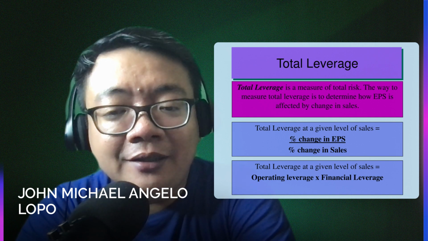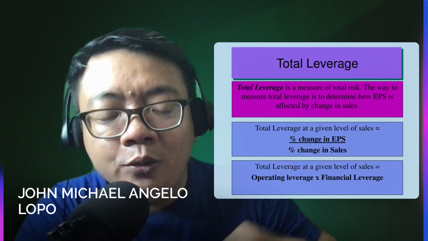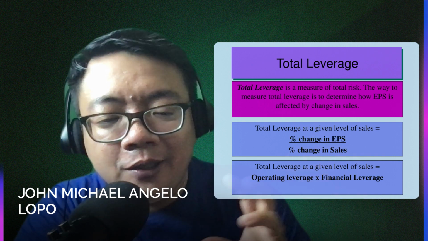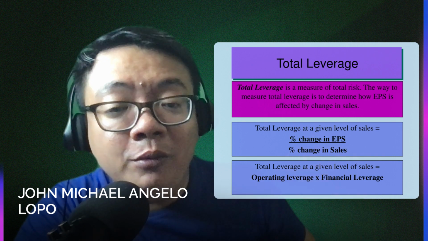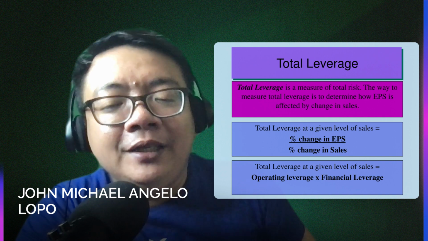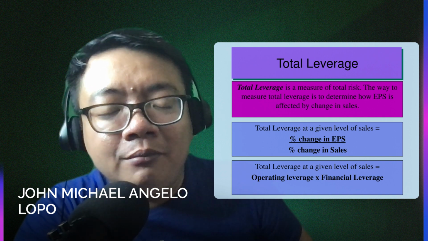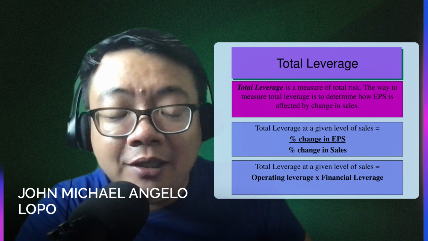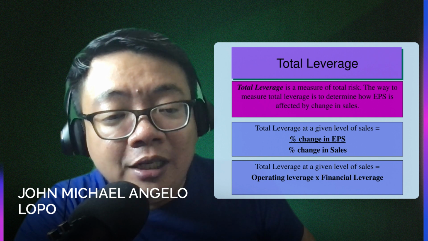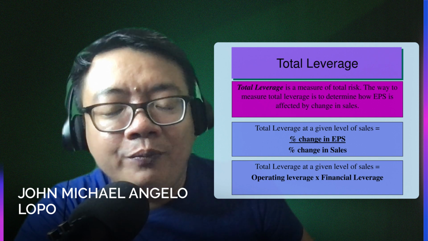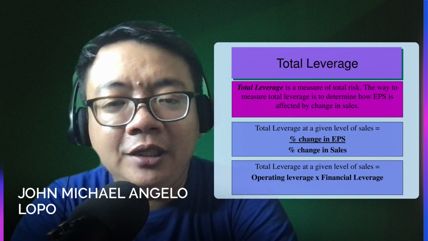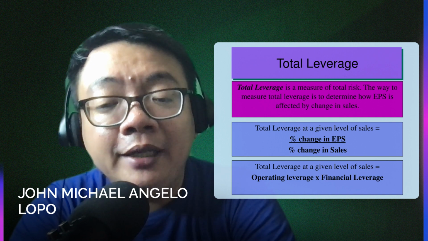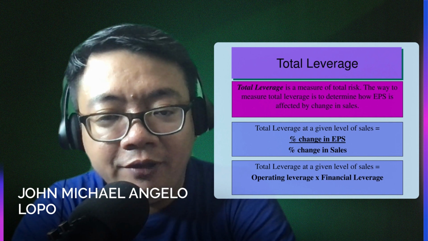Try that in terms of your writing; write the formula. That's the formula, class. It is not plus, because if it is total leverage, it is not to be added. The formula is operating leverage multiplied by financial leverage.